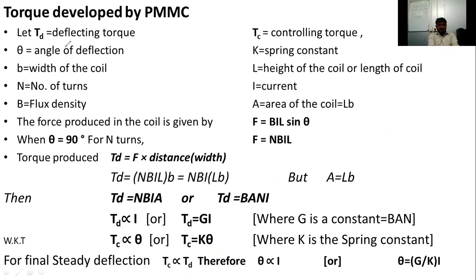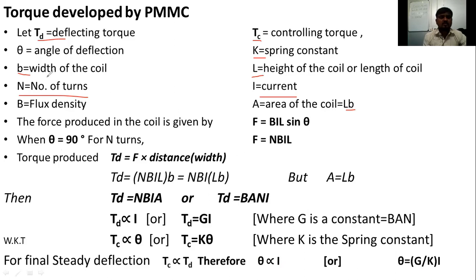Deflecting torque is TD, controlling torque is TC, spring constant is K, length of the coil is L, width of the coil is B, N is the number of turns, I is the current, and the cross sectional area is L into B, length into width. The force produced in the coil is given by this formula.